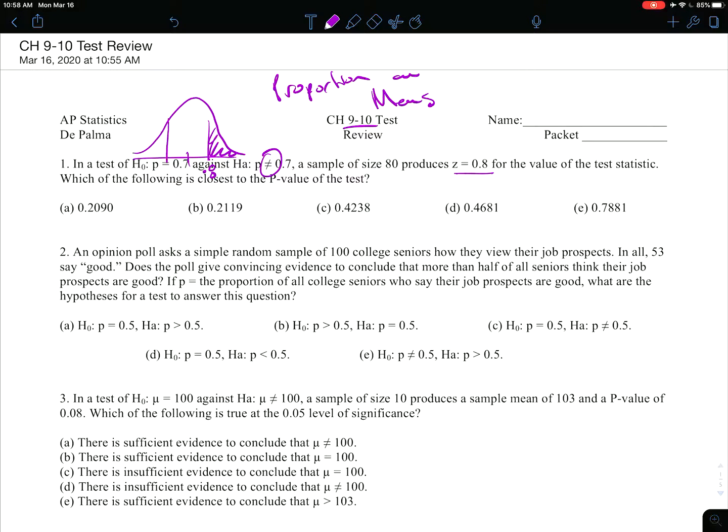But because it's two-sided, kind of the cheeky bit to this question is that I also have to consider negative 0.8 and everything less than that. So you can look this up in your z table and just find less than negative 0.8, which is 0.2119. And then if you double that, because it's two-sided, you're going to get the answer C, 0.4238.